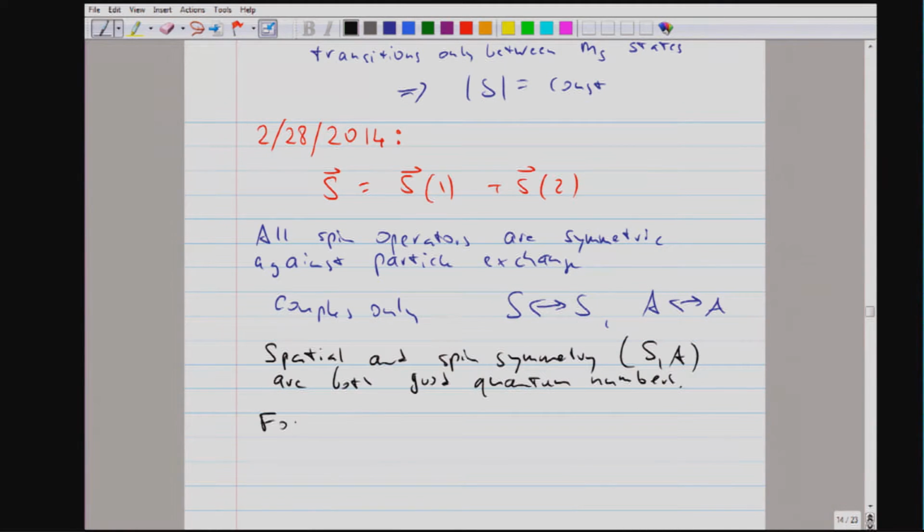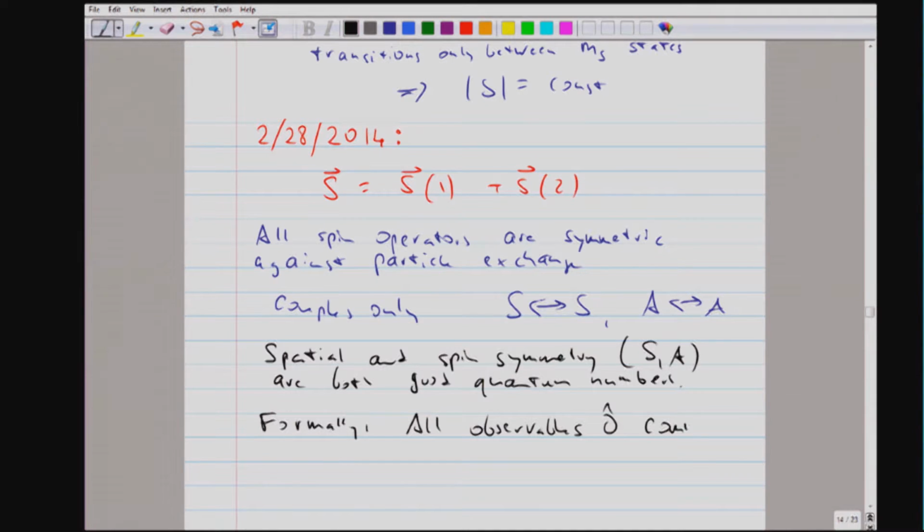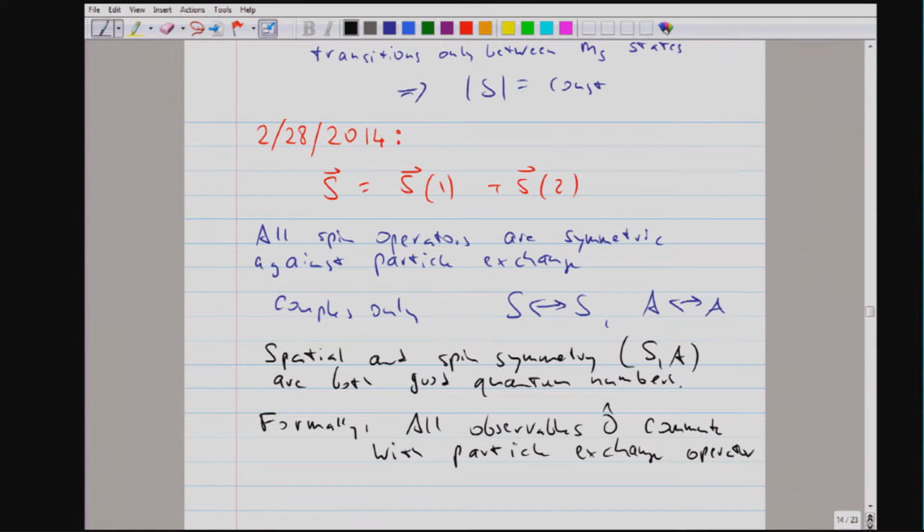Or, more formally, all observables commute with a particle exchange operator. So any arbitrary observable commutes, so the commutator with the particle exchange operator vanishes.